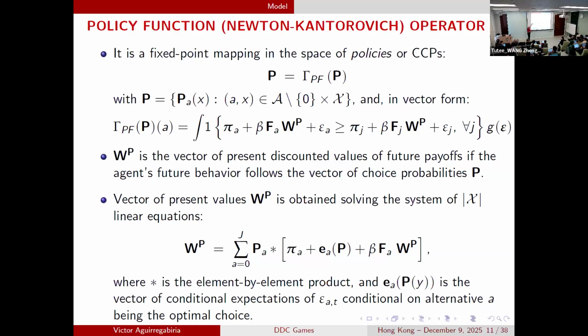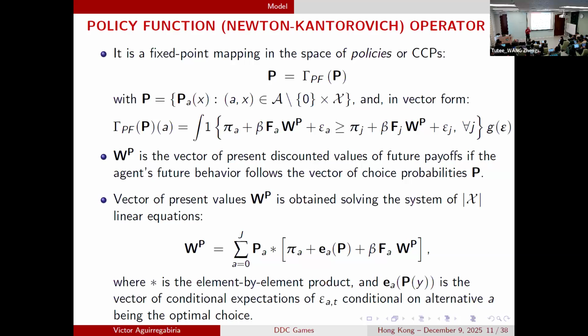And then I go to the policy improvement operator. Given this W, I'm going to put it in, let me say, the logit probabilities to get what is the best response to this valuation. In some sense, I think that it's intuitive to think of this as a game where an agent is playing against himself in the future.